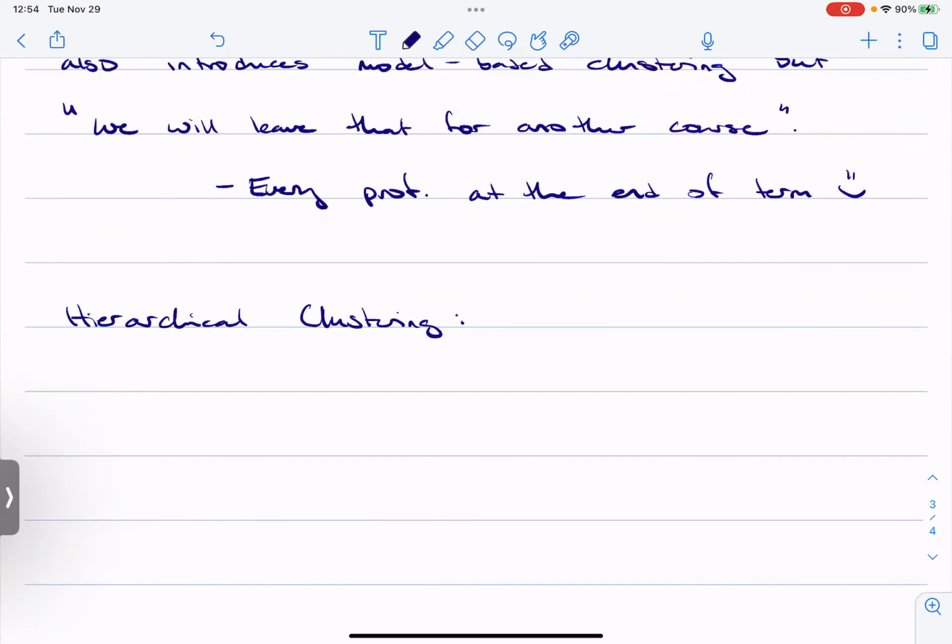You might remember, in my mind, it's very similar to k-means, except now each observation starts as its own cluster, and at each iteration they move towards clusters that are the least dissimilar. So not necessarily the most similar, but the least dissimilar to each other.